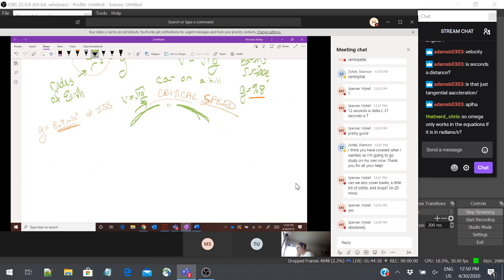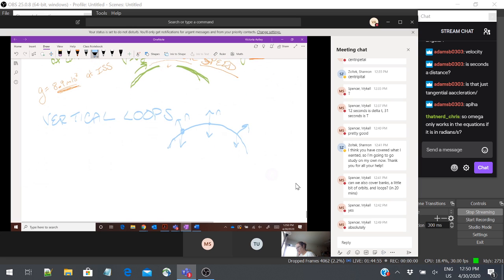Let's talk about, so you asked about banks and vertical loops. Let's talk about vertical loops because they're connected. So you have this car going over a hill, right? At any given point, the forces are going to be normal force and gravity, presuming it's a circle, which most hills are not perfect circles.